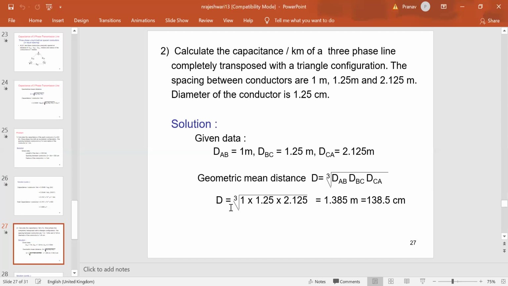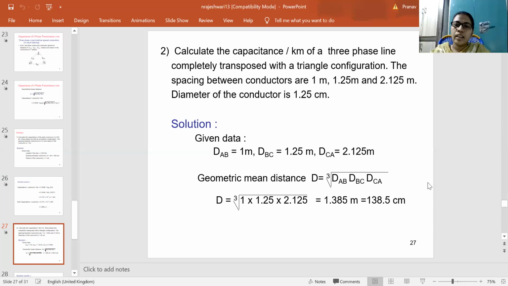So first find out the geometric mean distance, capital D. Capital D will be given by the cube root of DAB into DBC into DCA. Here DAB is 1, DBC is 1.25 and DCA is 2.125.